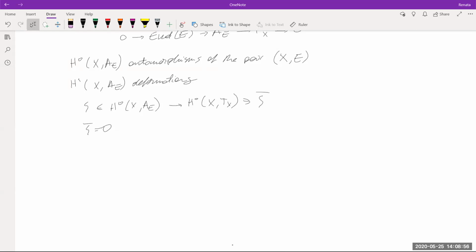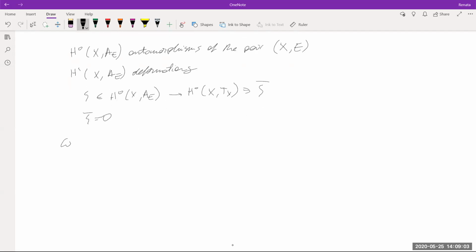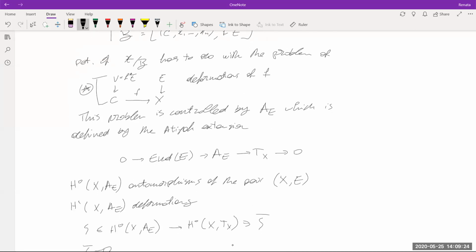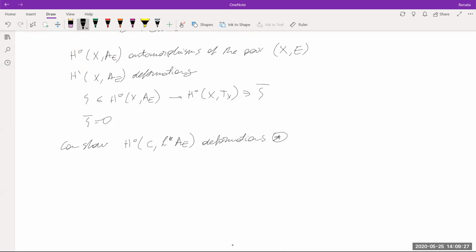Anyway, using this classical fact from deformation theory, one obtains that H0 of the pullback of this bundle is the deformations of this data, and H1 is obstructions.